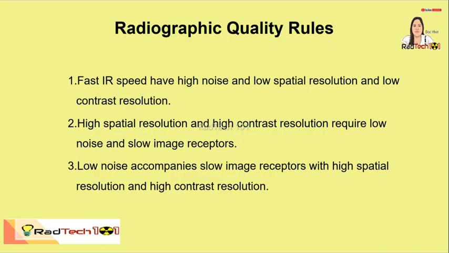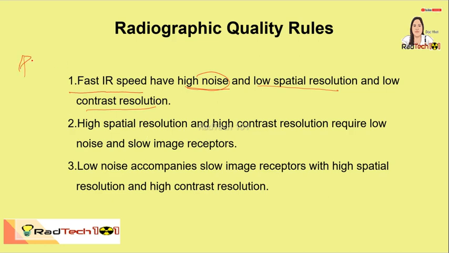For radiographic quality rules, so kumbaga yung mga fast rules natin. So fast IR speed, so high noise, meaning high quantum mottle. And because of this high noise, it will result in low spatial resolution as well as low contrast resolution. Okay?